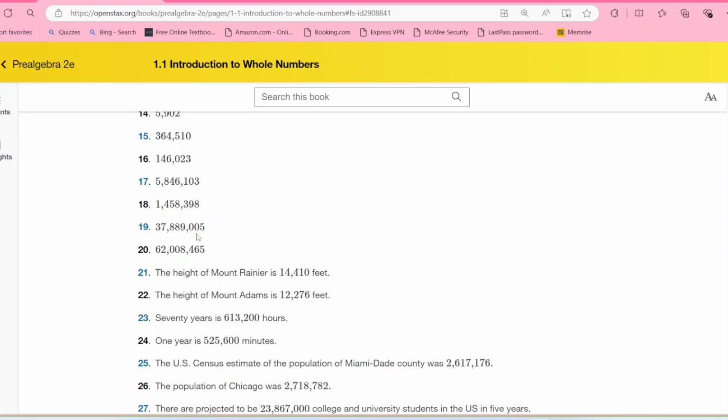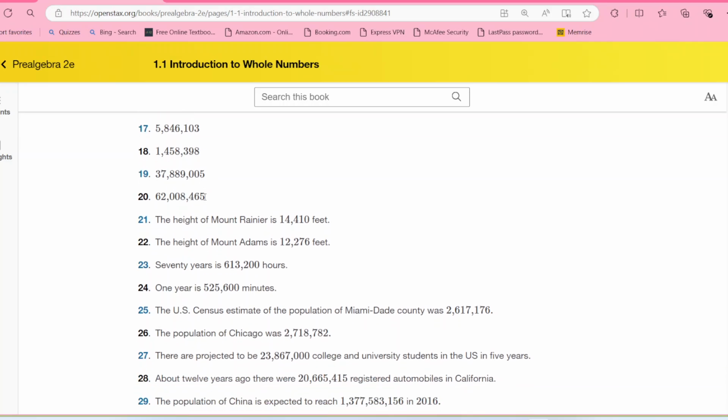All right, then we increase it by one digit yet again for number 19. All right, numbers 19 and 20 have the same number of digits. Both have 8 digits.